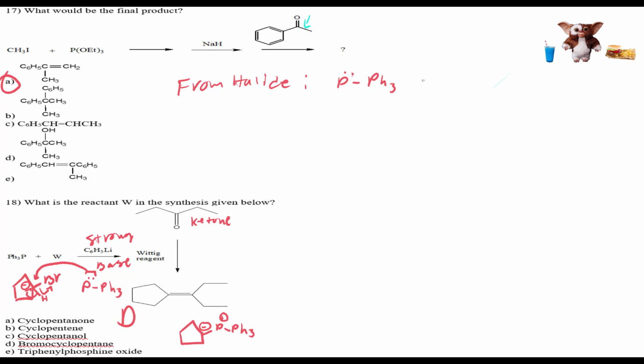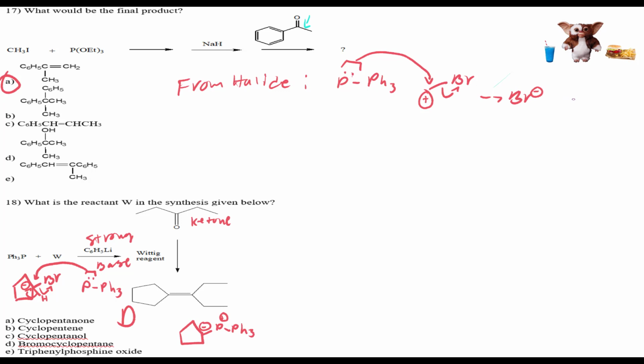Let's do a methyl bromide, right? So we're going to do methyl bromide. This can break off towards the bromine, making this one positive. This phosphorus can take this carbon right there to make it kind of like a complete structure. So it looks like this.